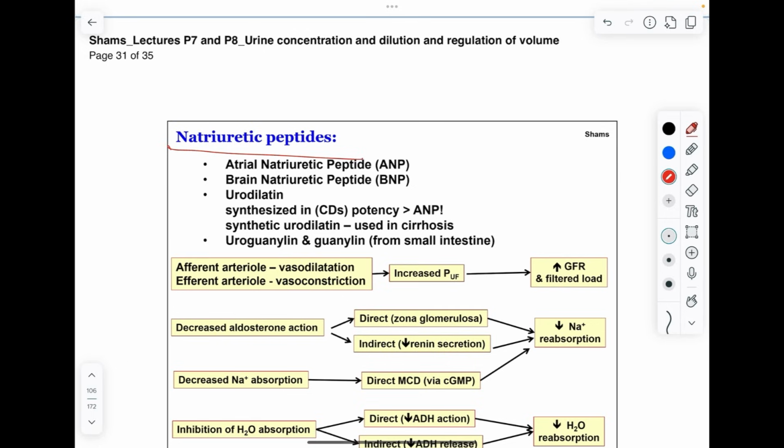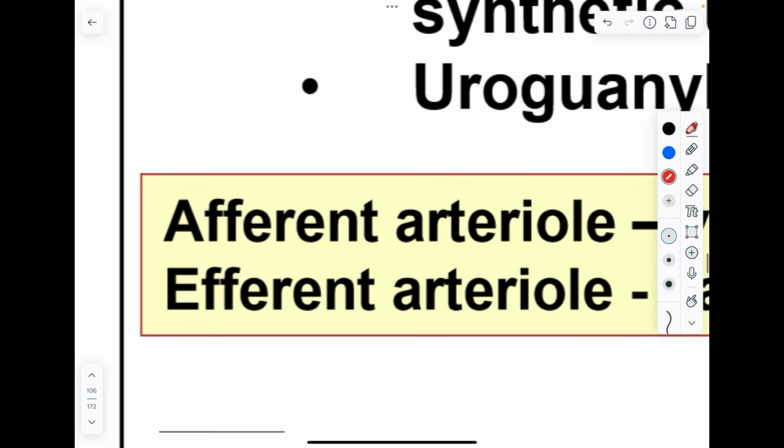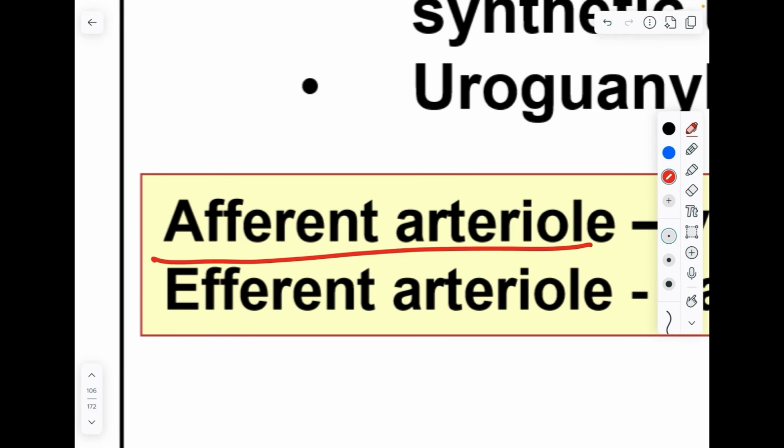We have natriuretic peptides. It does the exact opposite of ADH, and also the opposite of aldosterone. It's basically excreting more sodium and more water. So let's think about it. If we were to excrete more water and more sodium, in the afferent arteriole will we do constriction or dilation?